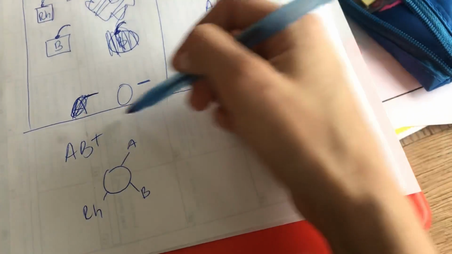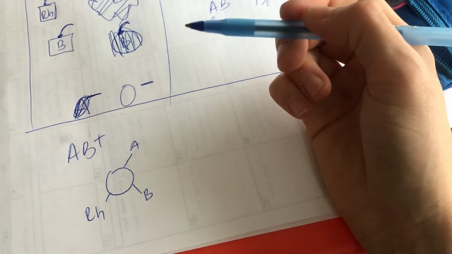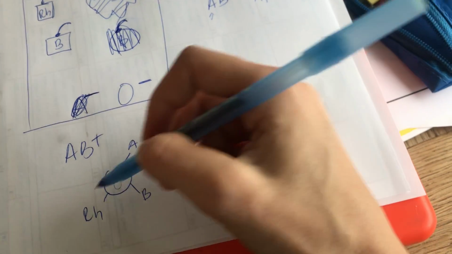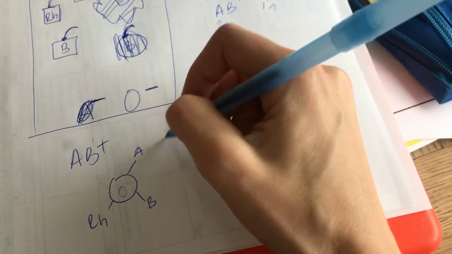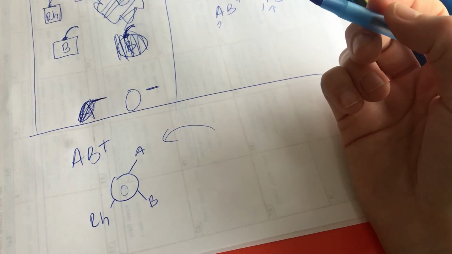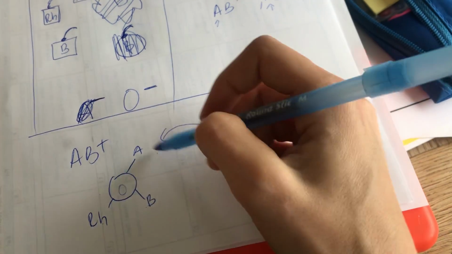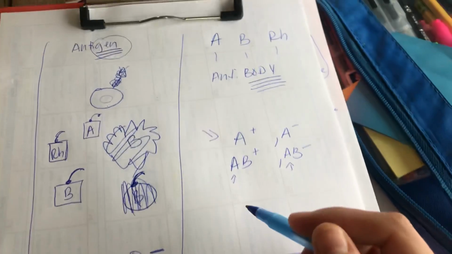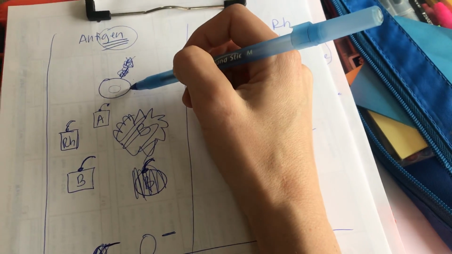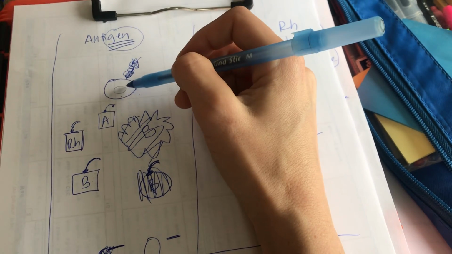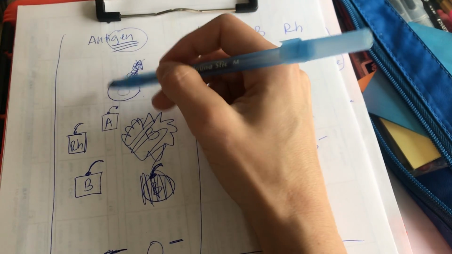What little bombs will they have against anything else? Nothing, because they already have those on their own little red blood cells. So they can receive any type of blood because they already have all these things. I don't know if this is helpful for you or not, but it does help me to look at the little red blood cell and think about, okay, what's on the red blood cell?